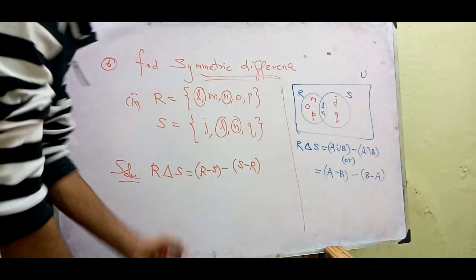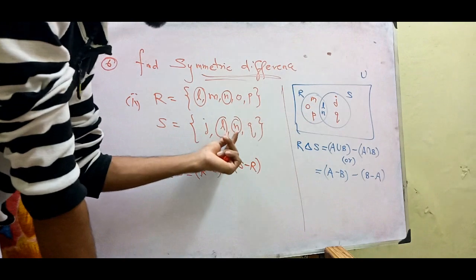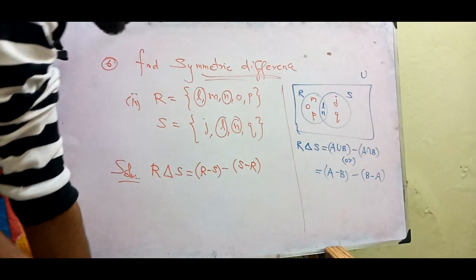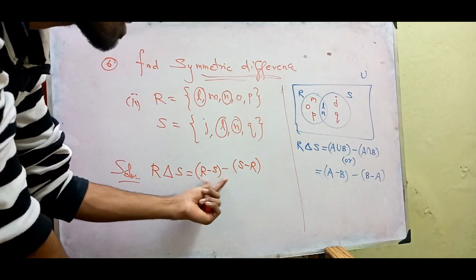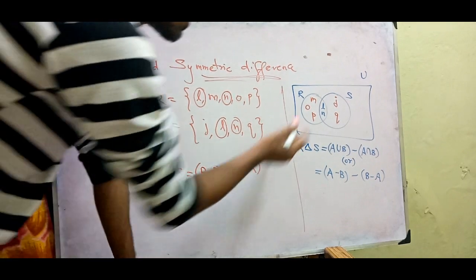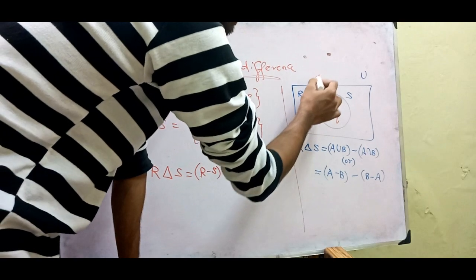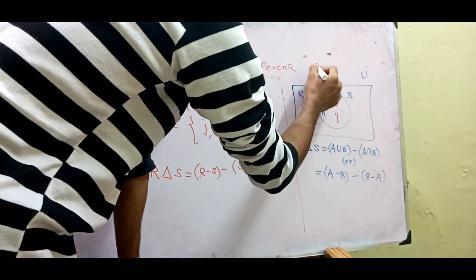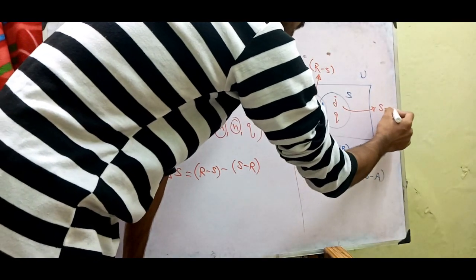In S we have to place these two elements only, because the connected part is already joined. So R symmetric difference S is R minus S and S minus R. Here I have marked R minus S in red, and this was S minus R.